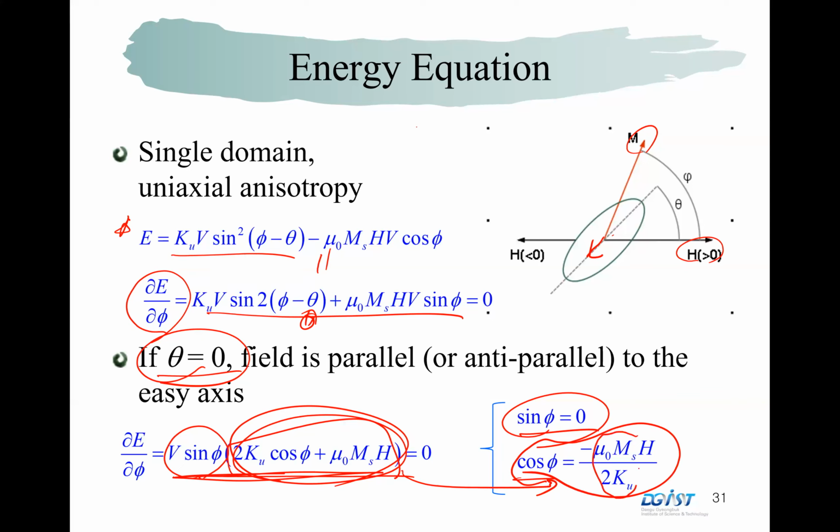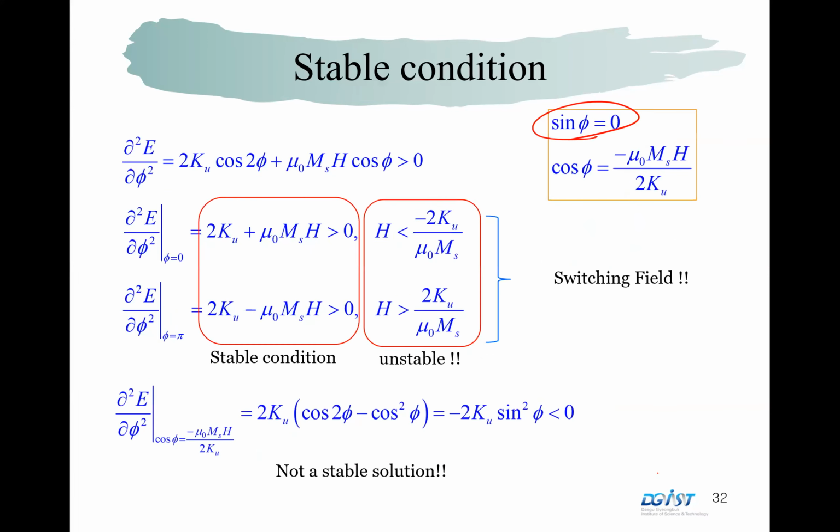This one is nothing else but HK. We are going to use this HK several times. So when cosine phi is minus HK over H, then the second derivative is always negative.